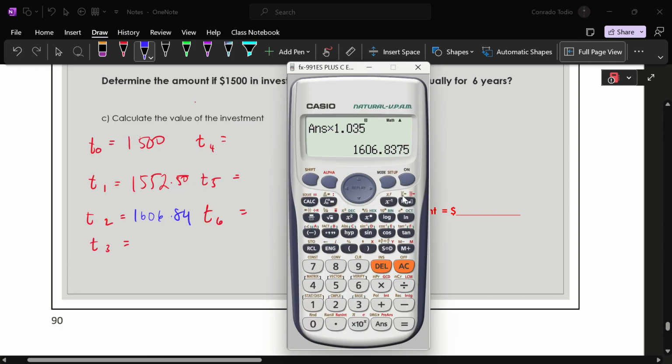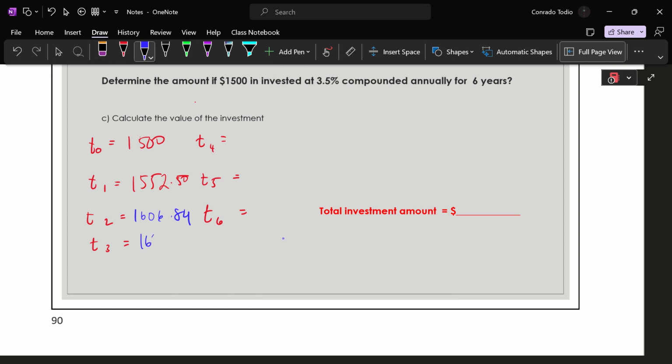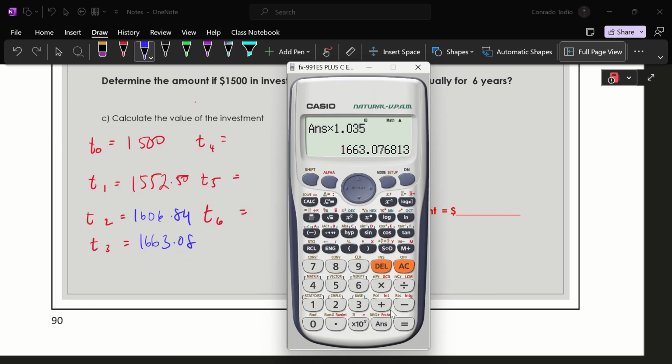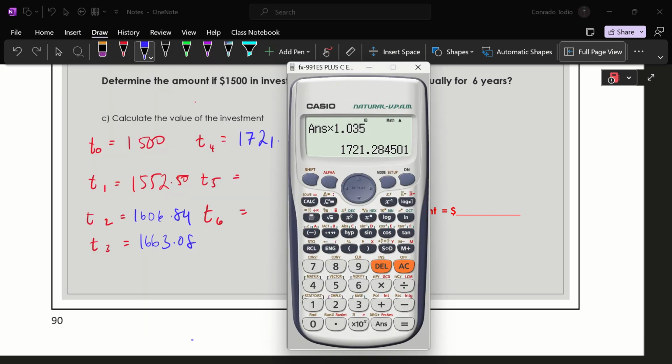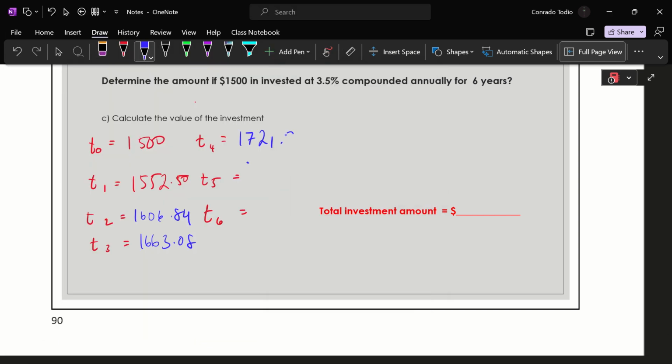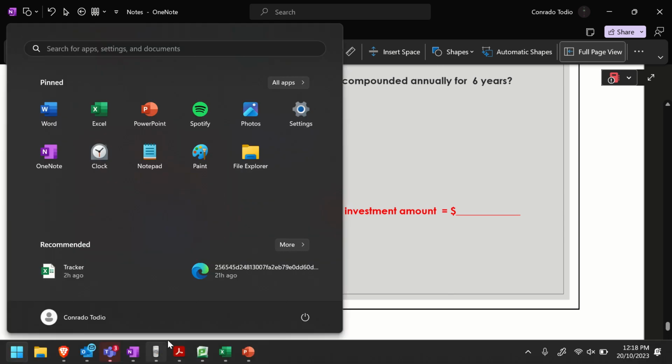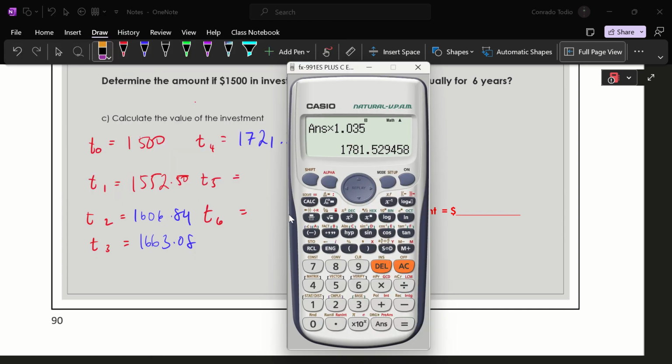Okay, term number 3 is 1663.08. Term number 4, okay, and just confirm me if I got it right or wrong, it's 1721.28. And then term number 5 should be 1781.53.